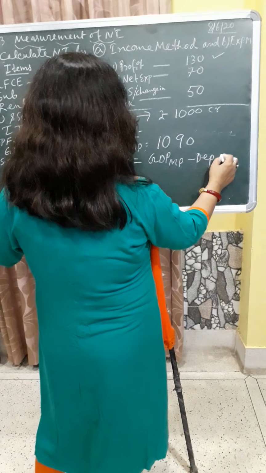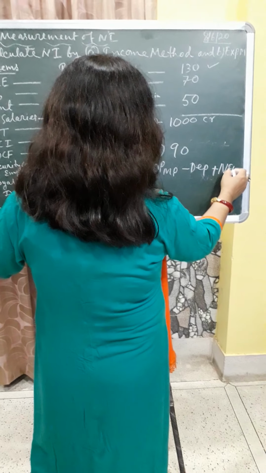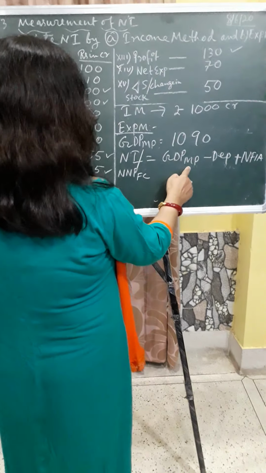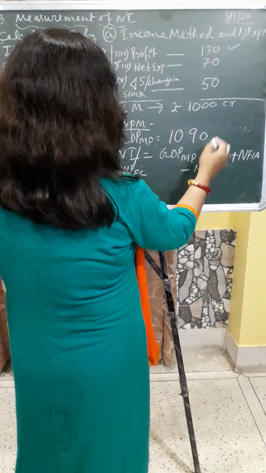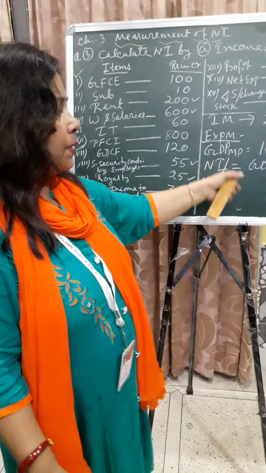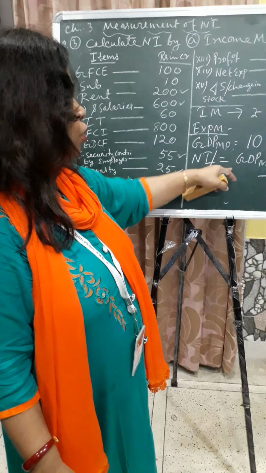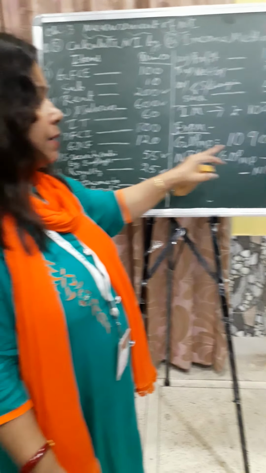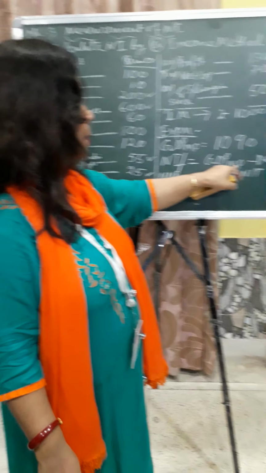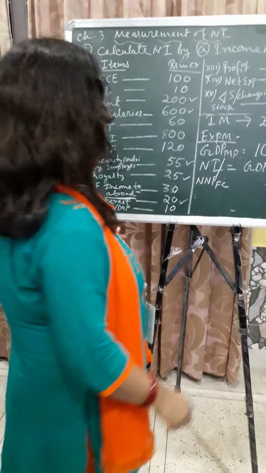Domestic to national: plus NFIA. And MP to FC: minus net indirect tax. This is the format, GDP-MP to NNP-FC. So gross to net, minus depreciation; domestic to national, plus NFIA; and MP to FC, minus net indirect tax. So you put the values.